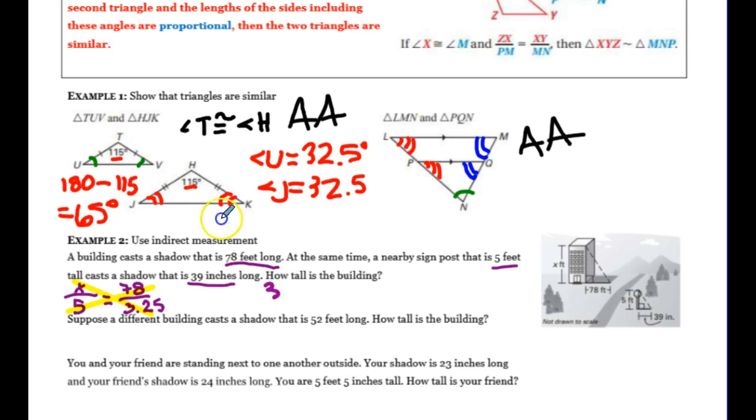So we get that 3.25x is equal to 390. So X is 390 divided by 3.25, which is going to be 120 feet.